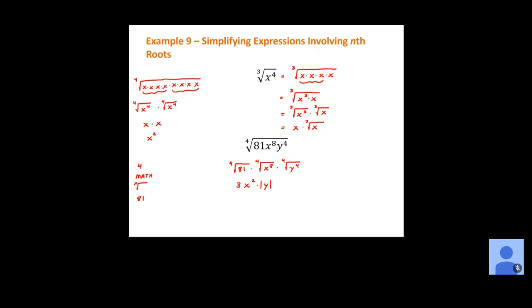The reason we don't need the absolute value on the previous part, when we took the fourth root of x to the eighth, is that we end up with x squared. Any value squared is going to be positive or 0 anyway, so we don't really need the absolute value bars around that one. If you put them there, it's fine. It's not wrong, but we don't really need them since x squared should come out positive regardless.